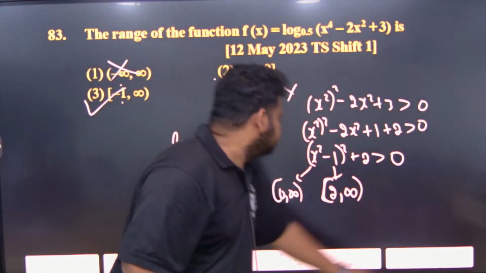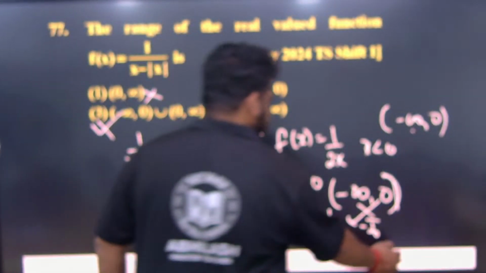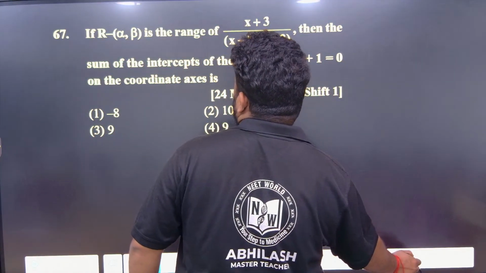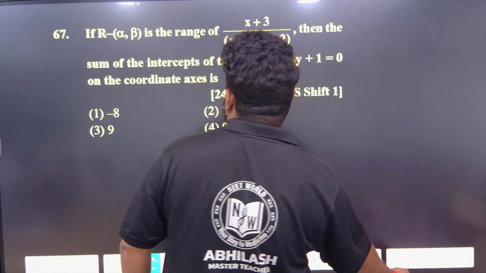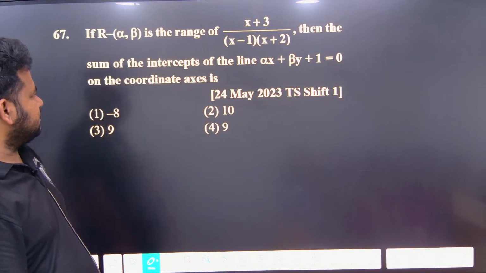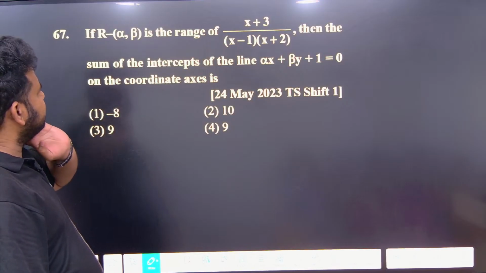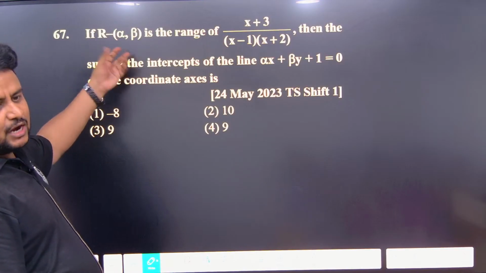So if R minus alpha beta is the range of the function, what does it mean? R minus alpha beta is the output.